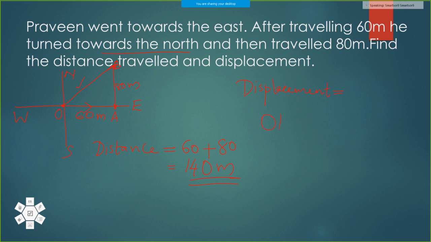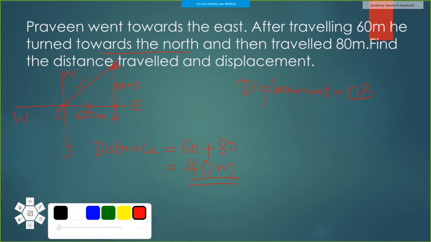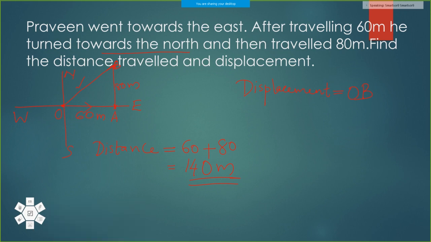OB is the displacement, right? How will you calculate OB? This is a right angle triangle and this is the hypotenuse of that triangle. So hypotenuse square is equal to base square plus altitude square.